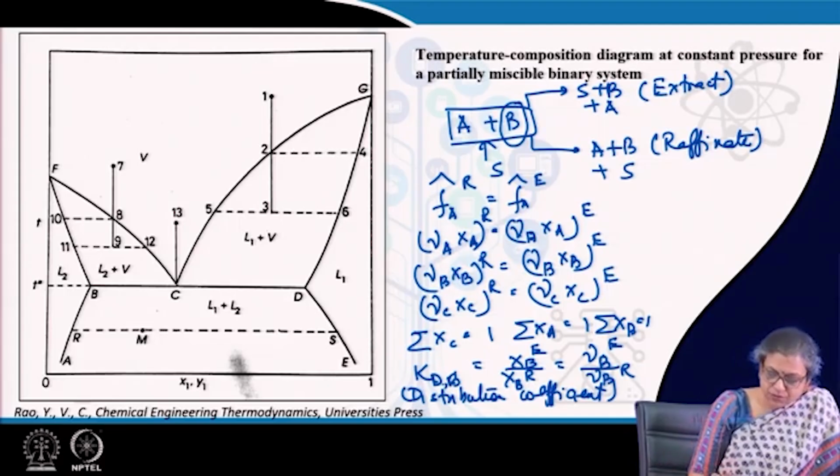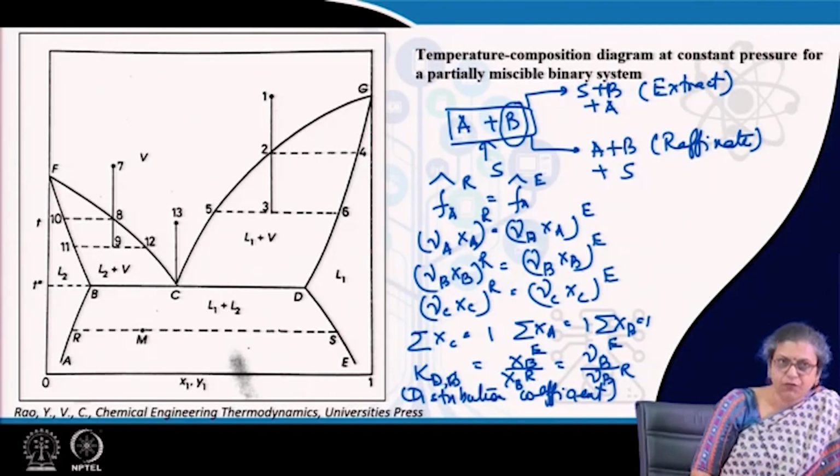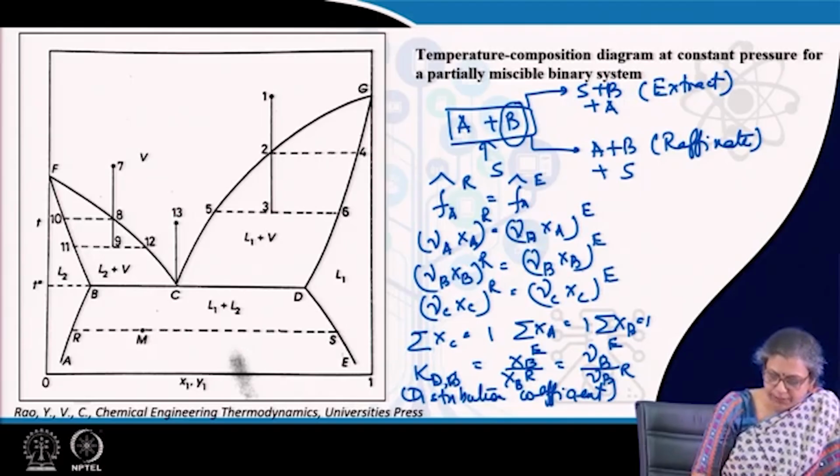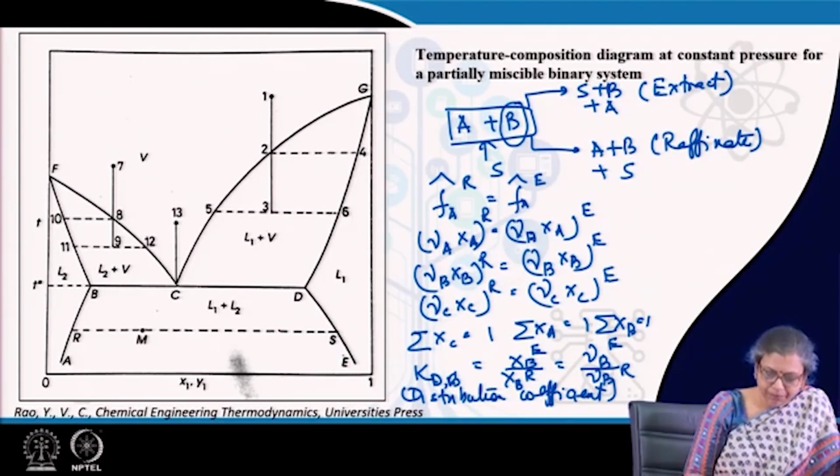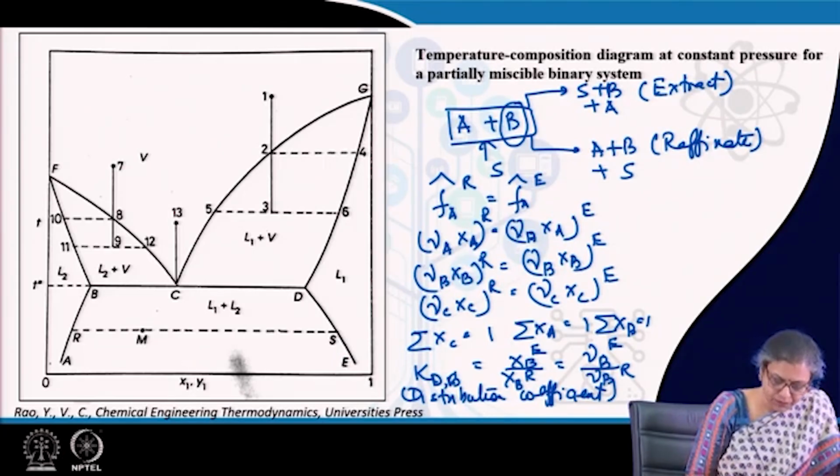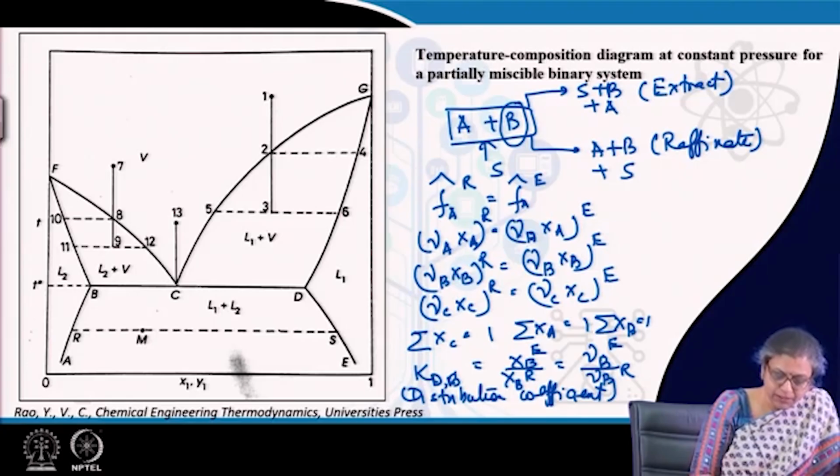And just to show you that when we are performing liquid extraction, we are actually operating in this particular zone. As you can see, this is a typical liquid-liquid extraction curve. We find that in this zone, when one particular liquid is in a very small proportion, the two liquids are miscible.